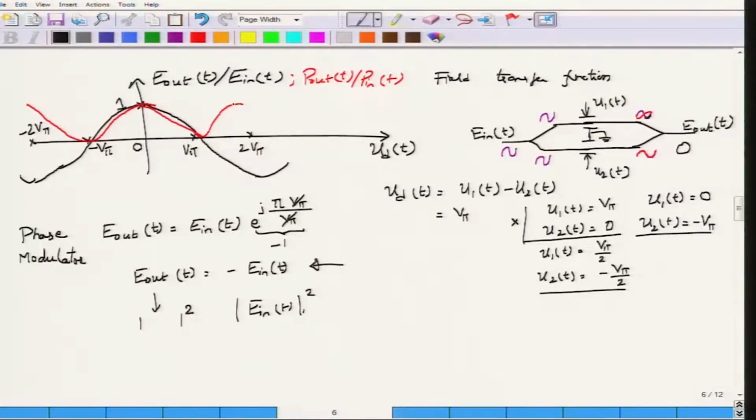For this lossless modulator that we have assumed, this would be a periodic function. The power is periodic with a period of 2 V pi, whereas the electric field would be periodic over 2 V pi as well. Okay.